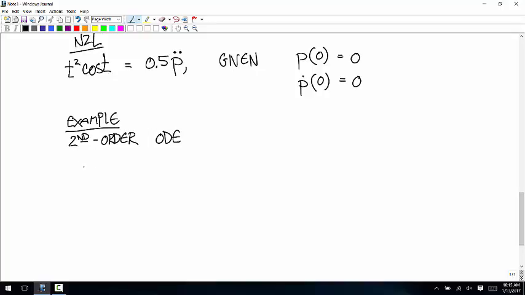So let's say that the differential equation is x double dot is equal to 2t squared, where when time is equal to 0, x is equal to 2, and when time is equal to 2, x dot is equal to 4.